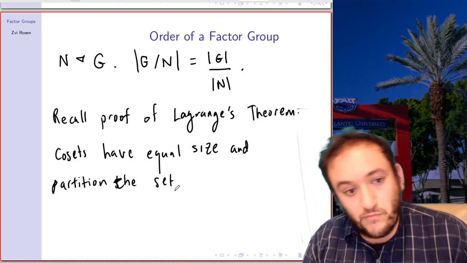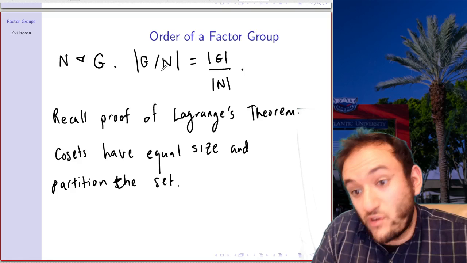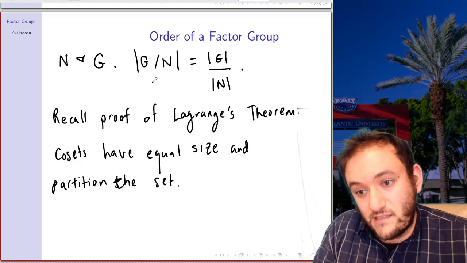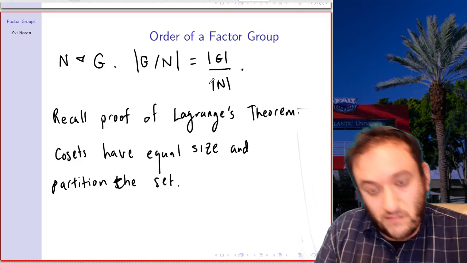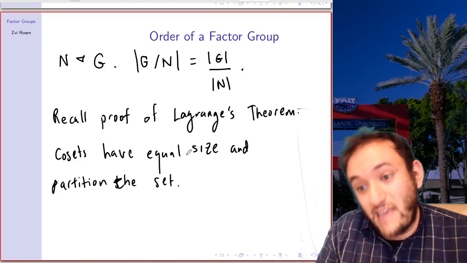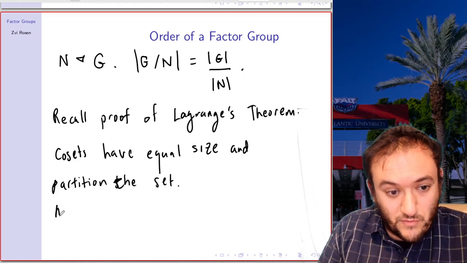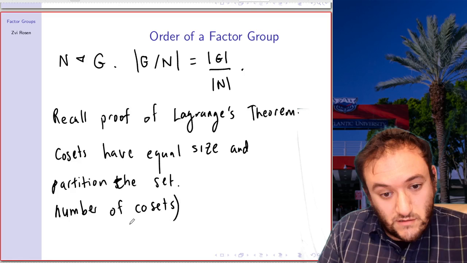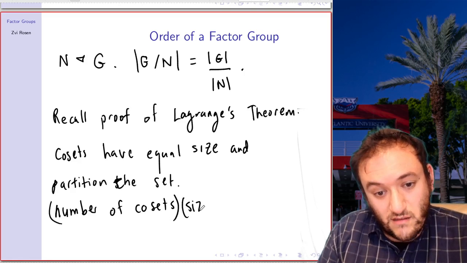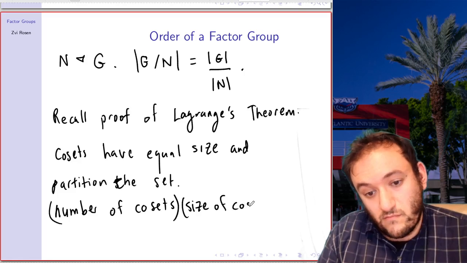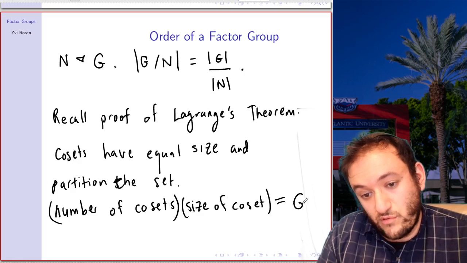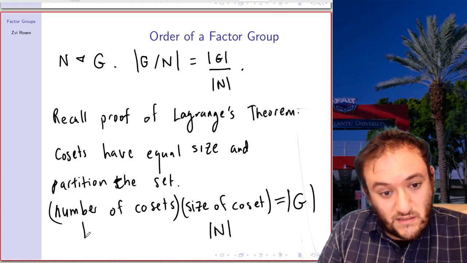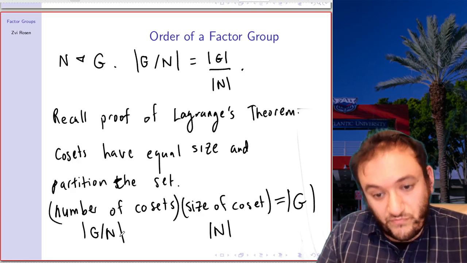Okay, so because G mod N is just the set of cosets, and since each coset has size |N|, the number of cosets times the size of a coset will be equal to the size of the group. And this is just the size of N, and this is the size of G mod N. Okay, not too difficult.